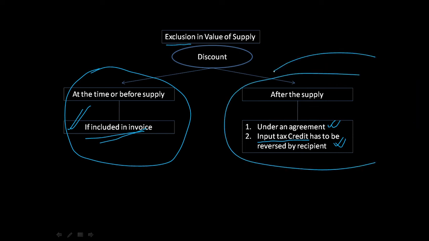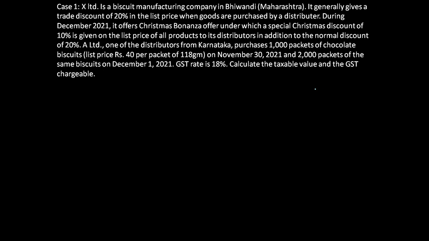So let us move ahead with case studies to understand this situation. Case 1. X Limited is a biscuit manufacturing company in Bhiwandi, Maharashtra. It generally gives a trade discount of 20%. Now, what does generally gives a trade discount mean? Does it belong to the first case or second case?